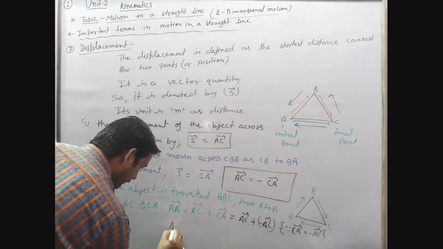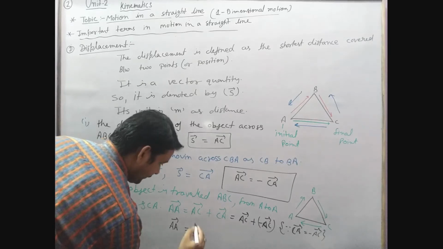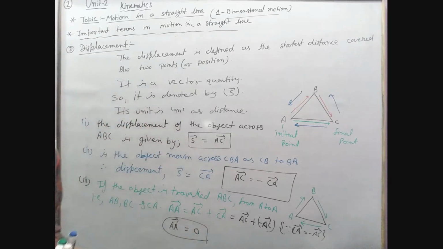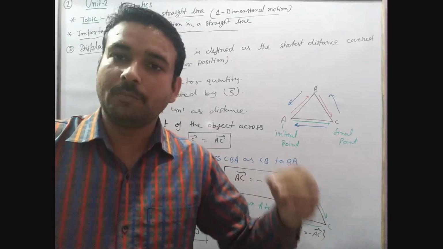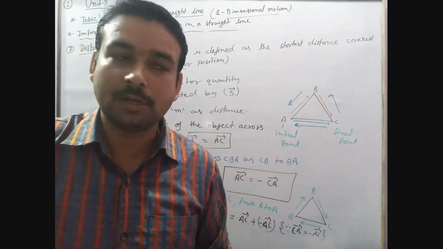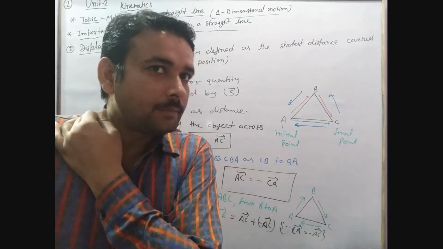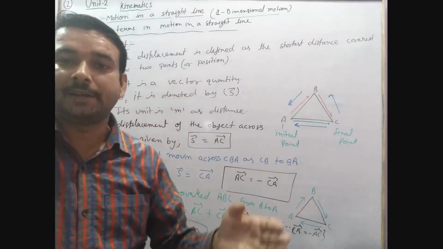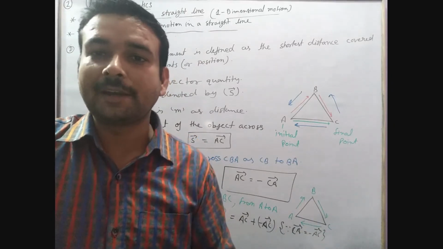Therefore we get vector A to A is 0, which means the displacement is zero when the object travels from his house to the market and after some time returns from the market to home.